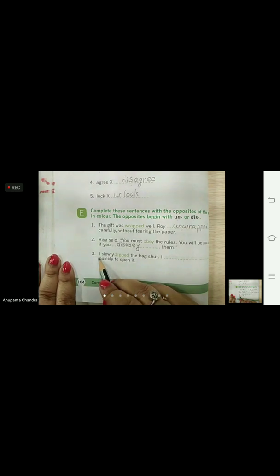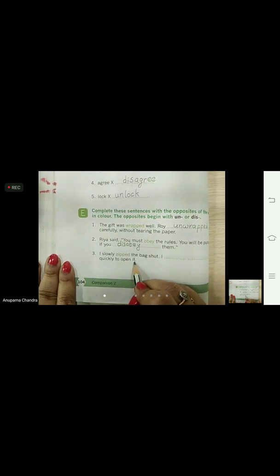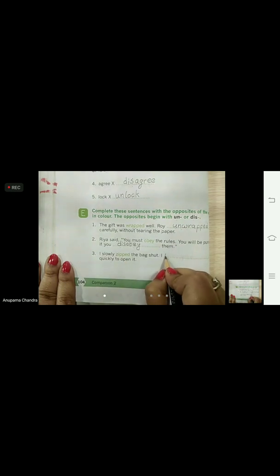Third one, I slowly zipped the bag shut. I dash quickly to open it. We have to write the opposite or antonym for the word zipped. And to make the antonym, here we are going to use un.